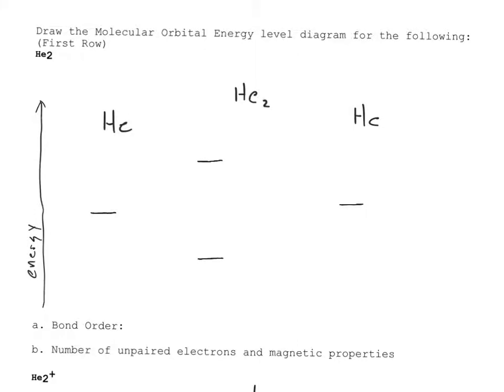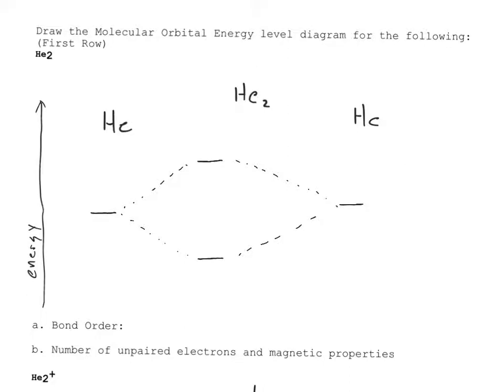The bonding orbitals will be at a lower energy, and the antibonding orbitals will be at a higher energy. If we end up with two on each of those levels, they will cancel each other out.